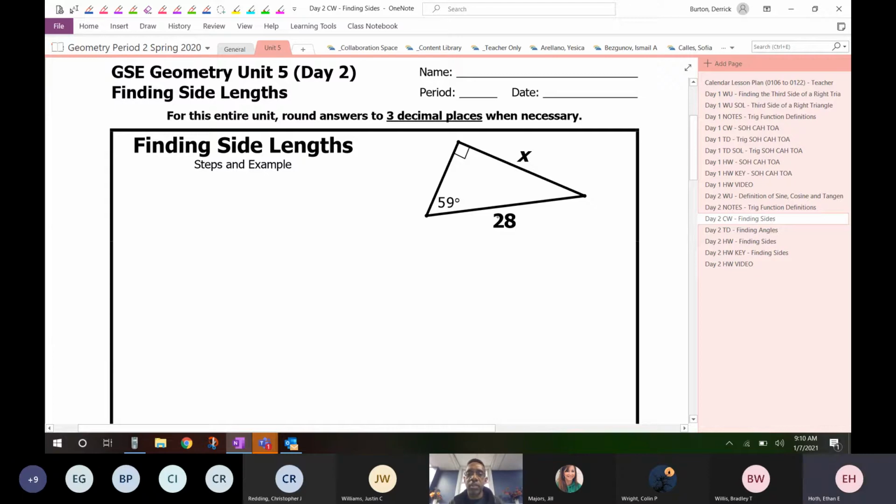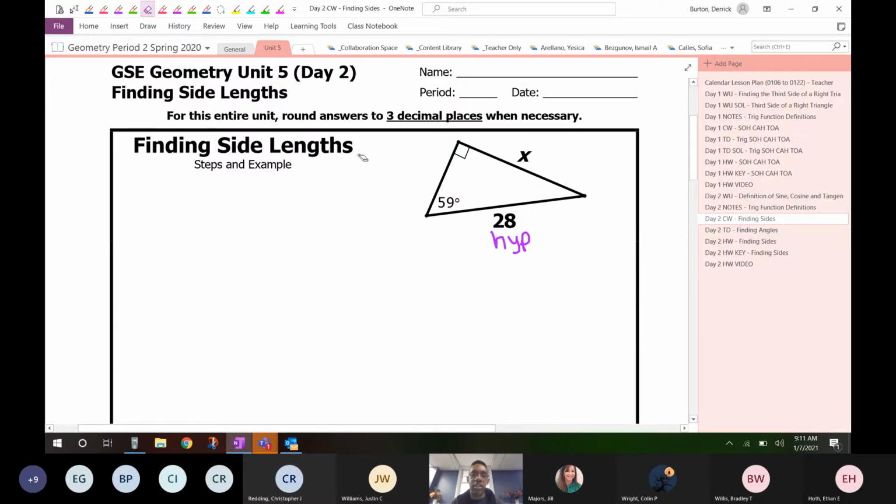So the first thing we have to do is label all the sides as either opposite, adjacent, or hypotenuse. The easiest one to do is the hypotenuse because that's always across from the 90 degrees. So we know that this is the hypotenuse right there.